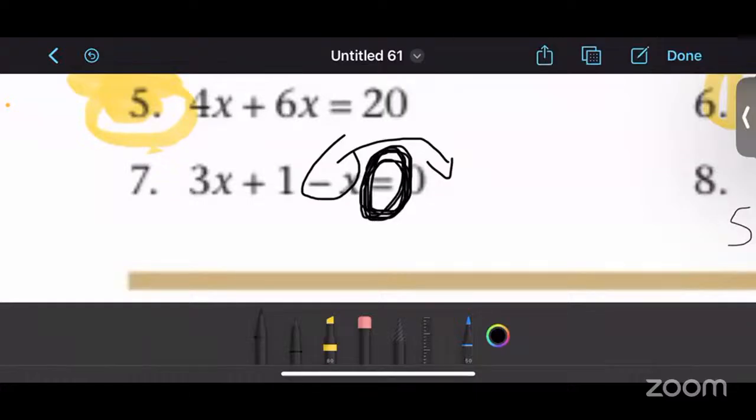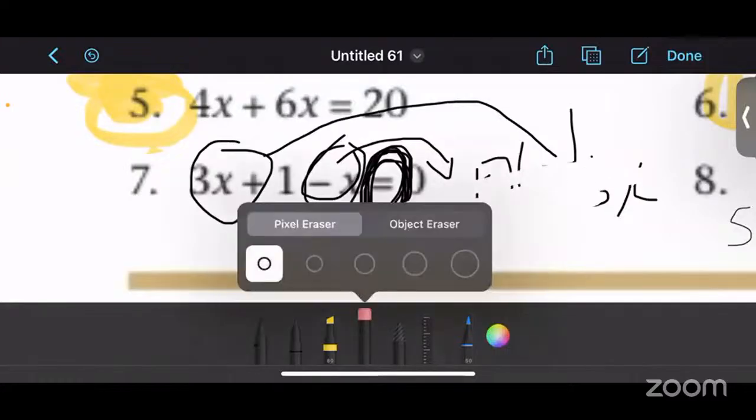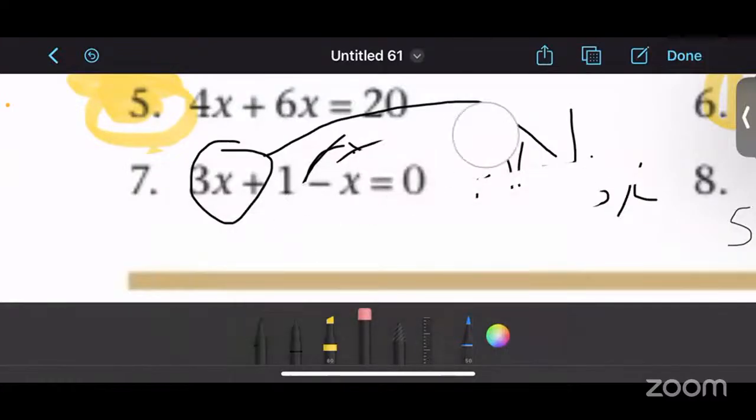If it's negative x, it's going to be positive x on the other side. If it's positive 3x, when it comes to the other side, it's going to be negative 3x. Okay, yes, ma'am. Great.